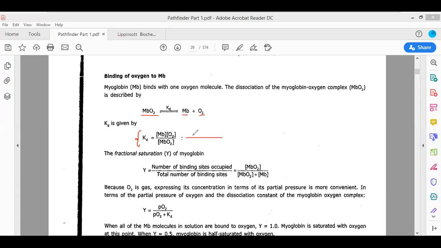products upon reactants. There is a product which is being produced, and there is a reactant that is present. So this is the product at the upper end, and the reactants will be present at the lower end.